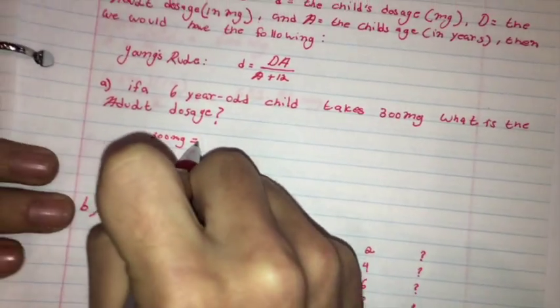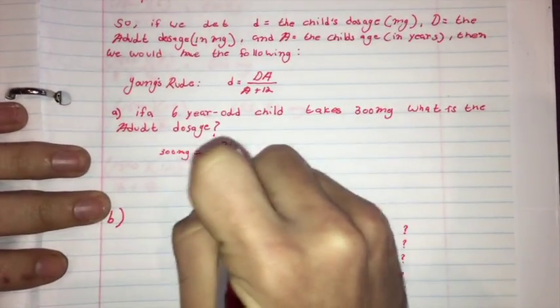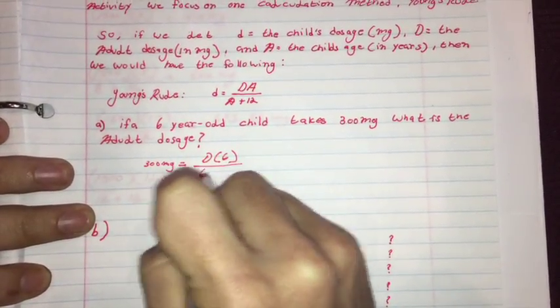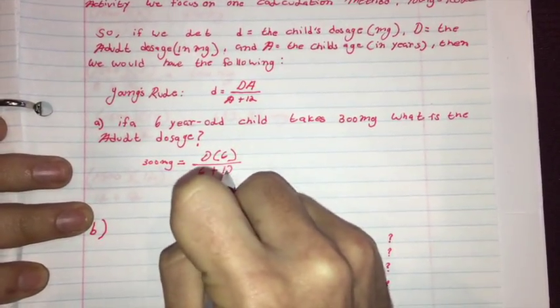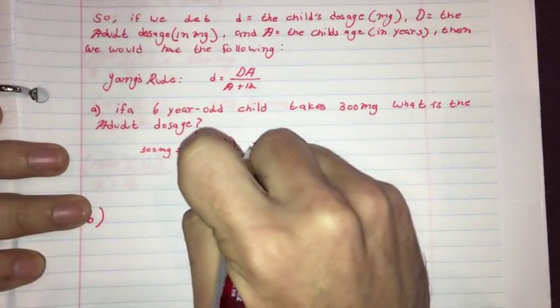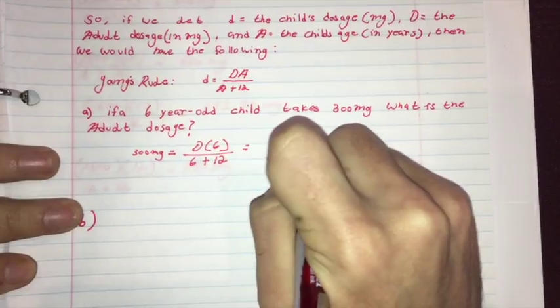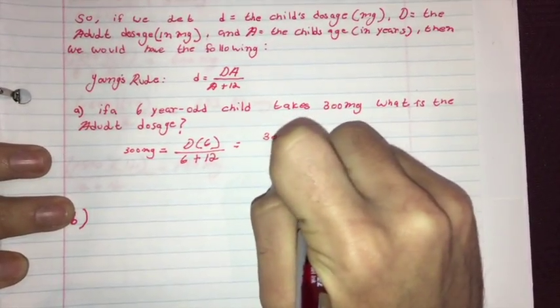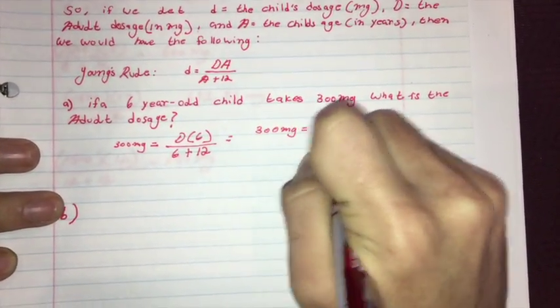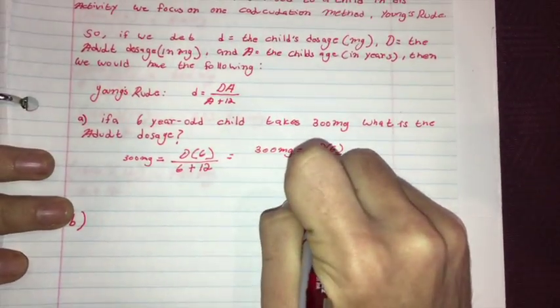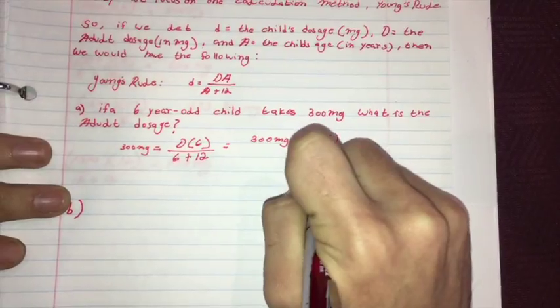It's equal to D times 6 over 6 plus 12, which is the same as 300 milligrams equals D times, 6 plus 12 is 18.